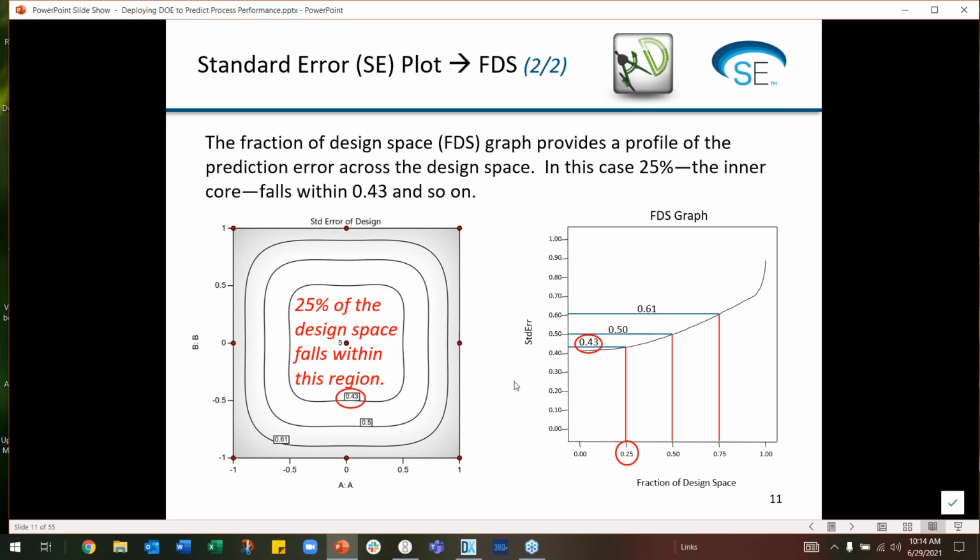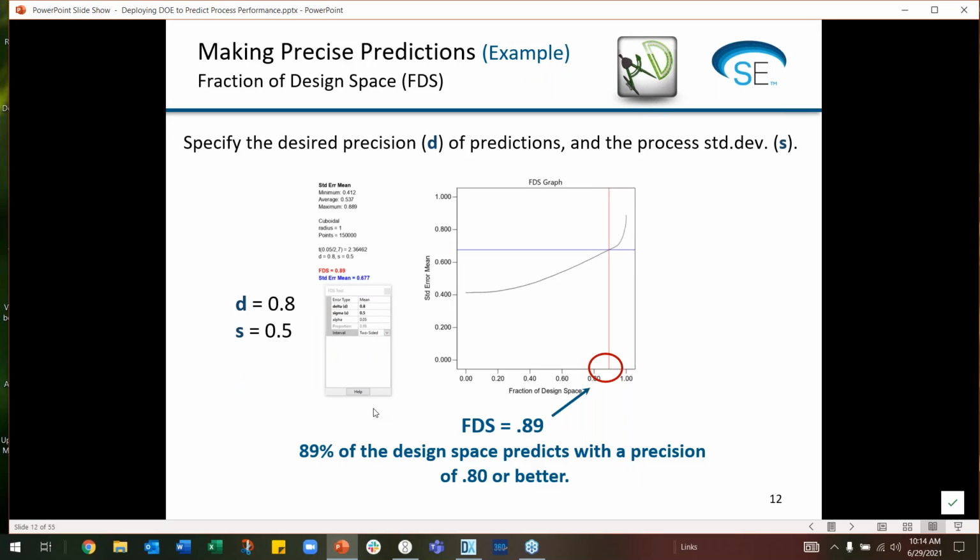So we can put in our desired precision and our standard deviation of our response, and those two numbers get changed into a standard error of a mean, and then we can calculate how much of the design space is going to be fit.